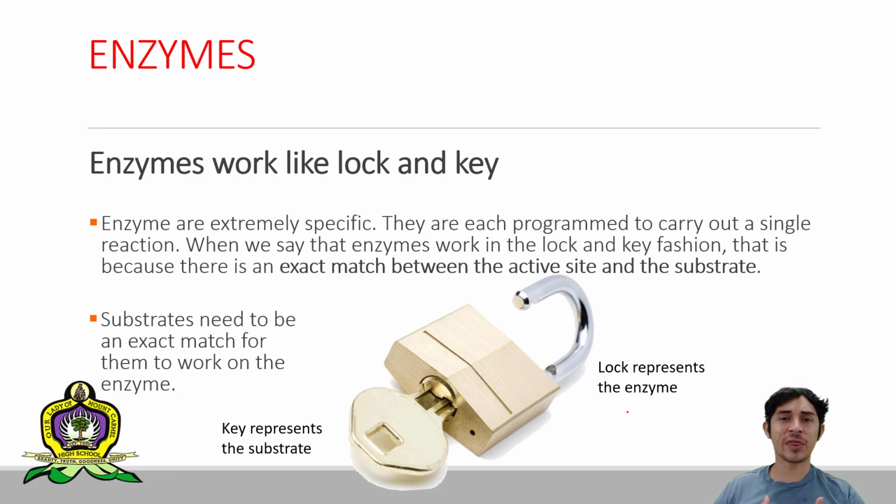Enzymes obey a theory that is known as the lock and key theory. This theory basically tells you that one key corresponds to one lock. In this case, the lock represents the enzyme and the key represents the substrate. What does this mean? It means the following. If you have a substrate that the enzyme is not designed to hold or work on, nothing will happen.